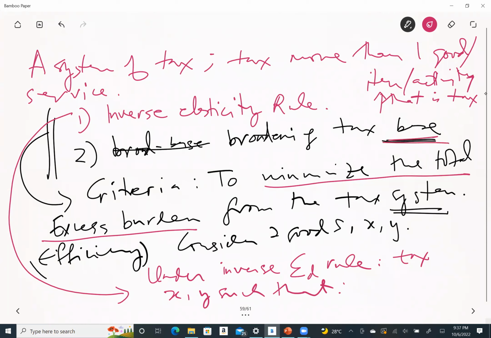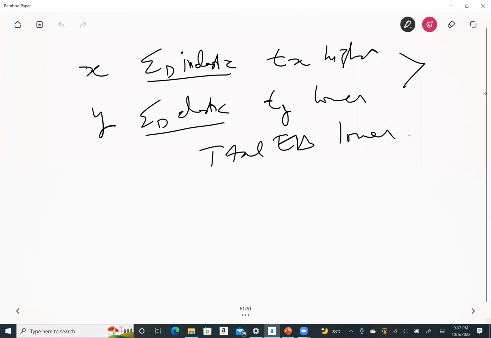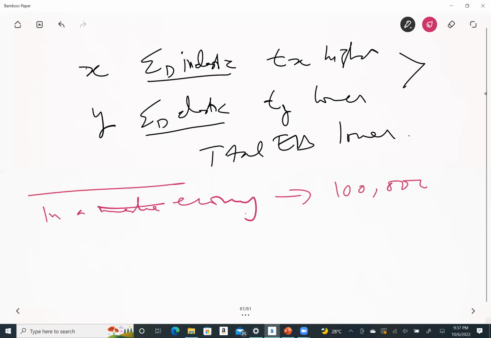In other words, let's say in the economy, how many goods are there? Not in the market, in the economy. Let's suppose you have, say, 100,000 goods and services.